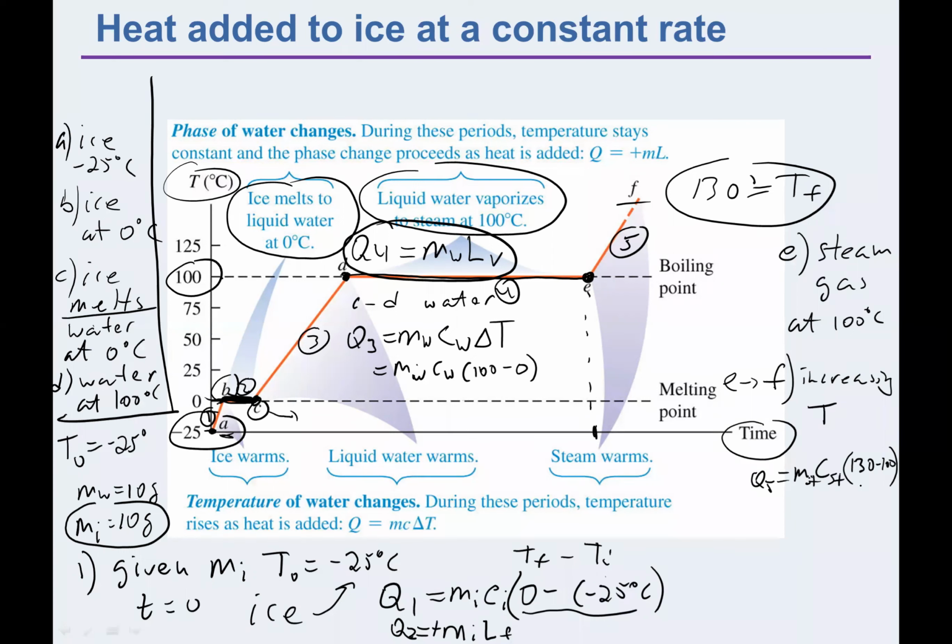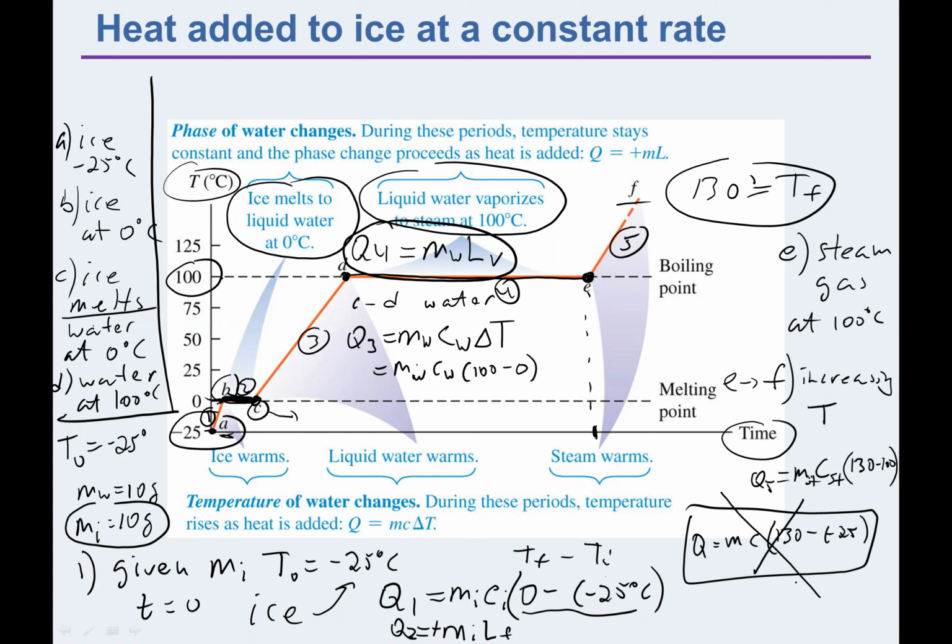So you can see why I couldn't just use one equation where I say Q equals MC times 130 minus negative 25. Trying to use this equation can give you the wrong answer, because going from negative 25 to 130 degrees, this particular substance, water, has two phase changes.